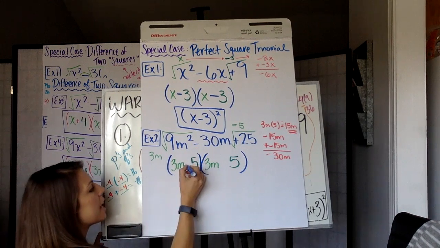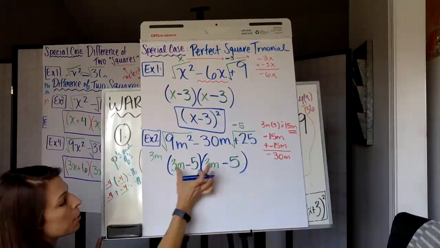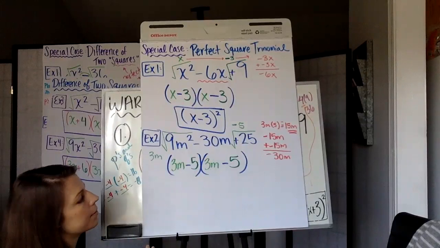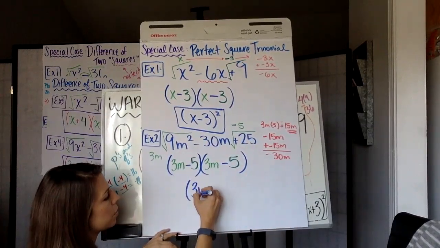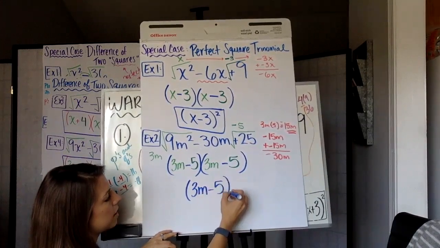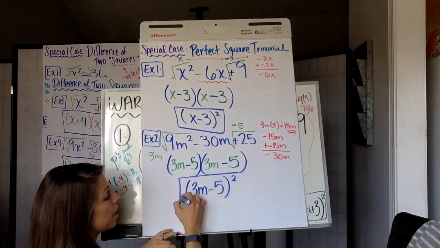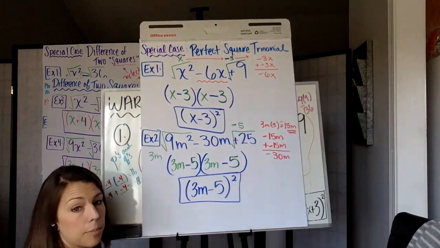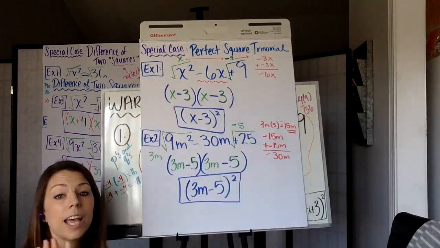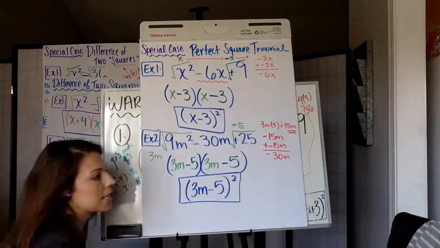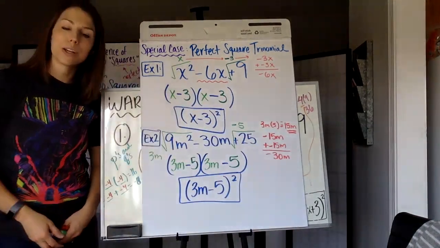We made it a negative 5. Now remember, when it's the exact same thing, 3m minus 5 times 3m minus 5, we can write this as 3m minus 5 squared. Now, could you have come to that answer using a different method? Absolutely, but it would have taken a whole lot more work and a whole lot more steps. So this is called a perfect square trinomial.